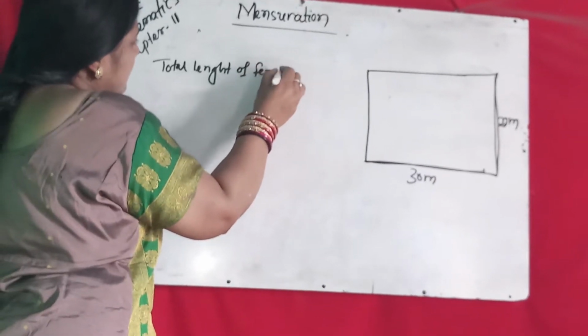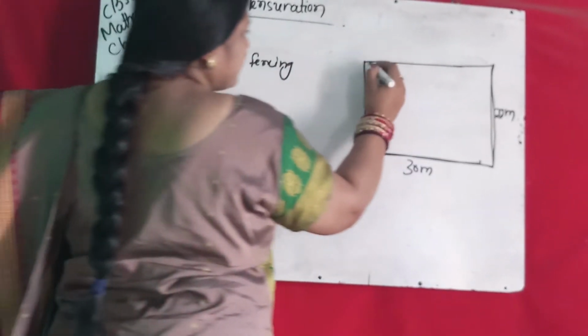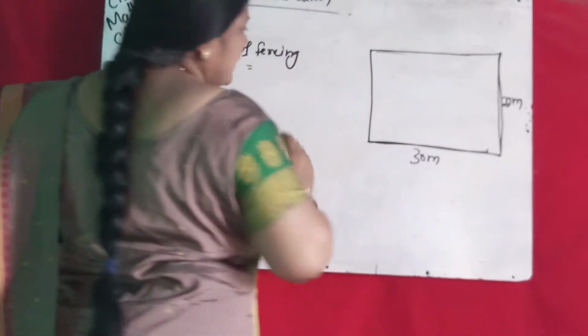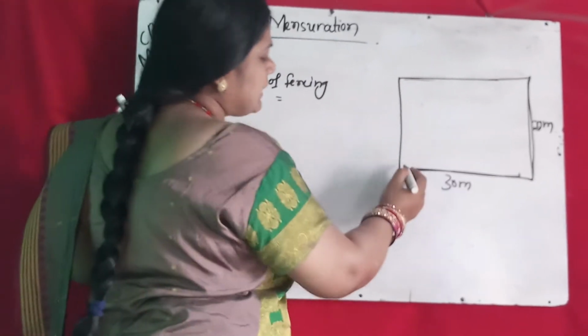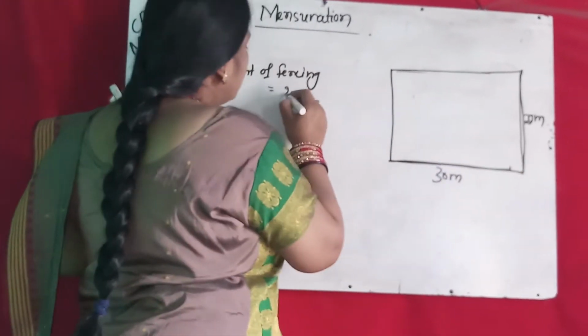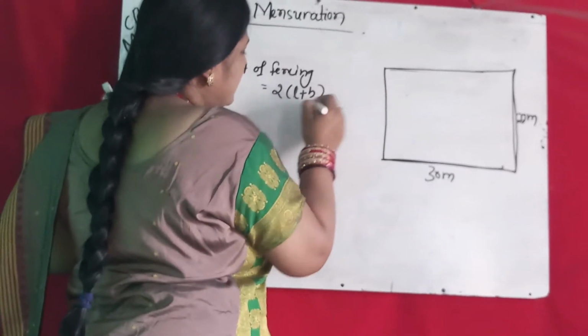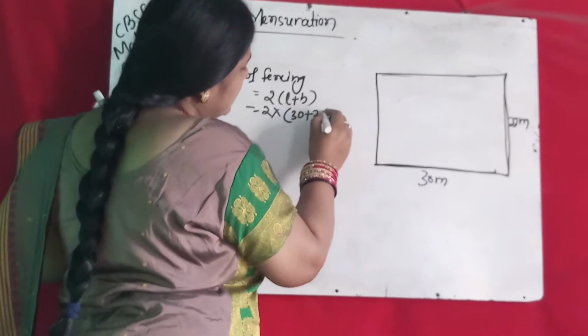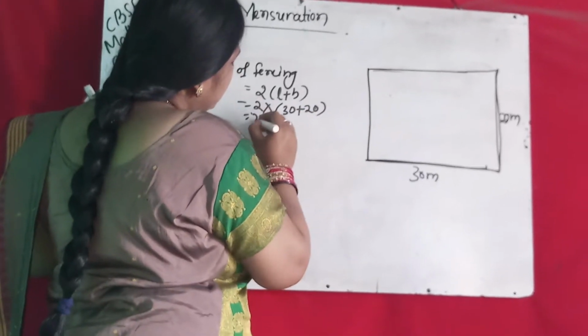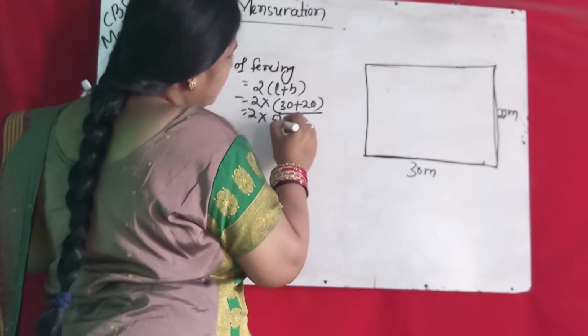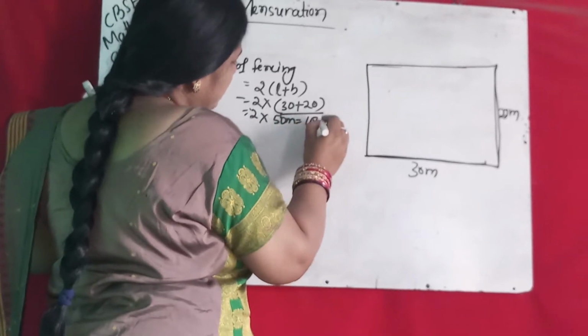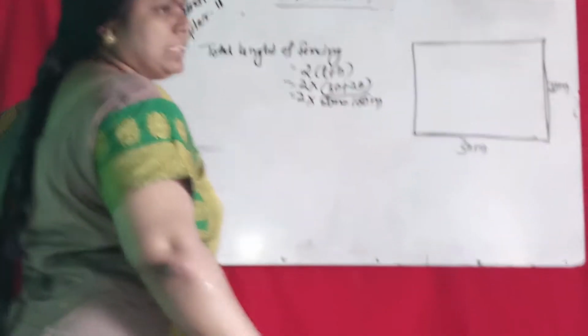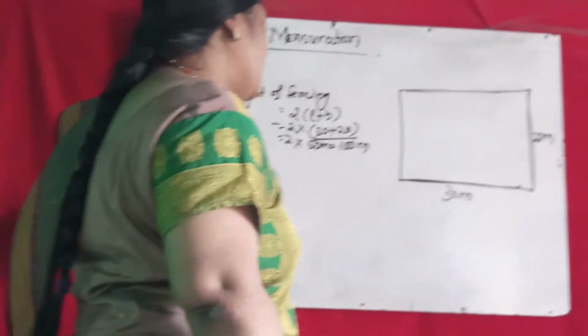Total length of fencing means boundary. So which formula do you apply? The perimeter formula. So 2 into length plus breadth, that is 2 into 30 plus 20, equal to 2 into 50 meter, equal to 100 meter. So the total length of fencing is 100 meter.